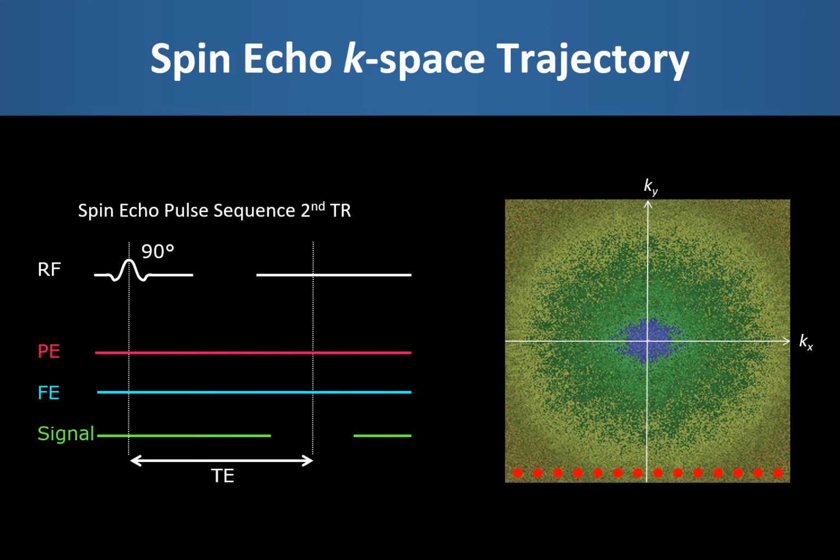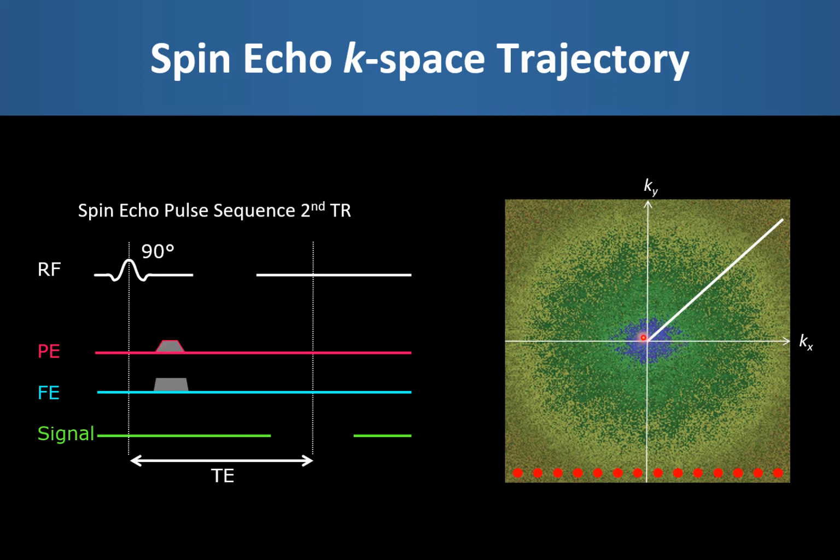This is the next repetition. Again, the excitation pulse takes us to the center of K-space. The frequency encoding pre-phasing gradient is the same as the previous acquisition, but now we play out the next phase encoding gradient, which has a slightly smaller area.